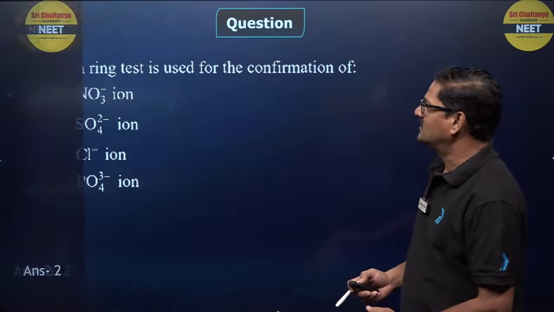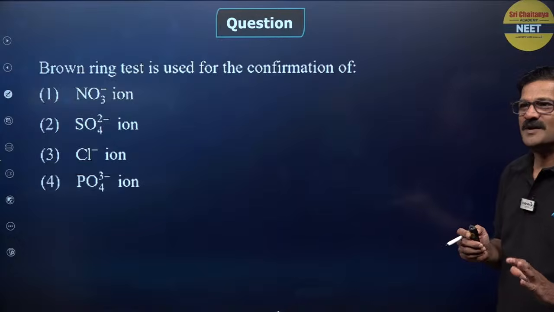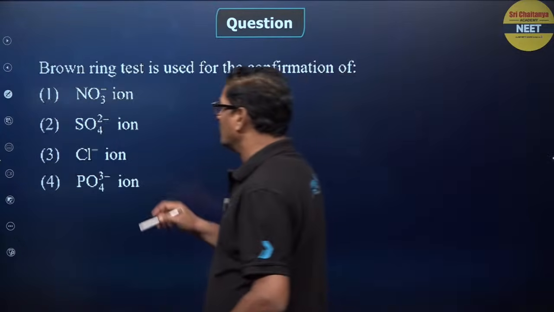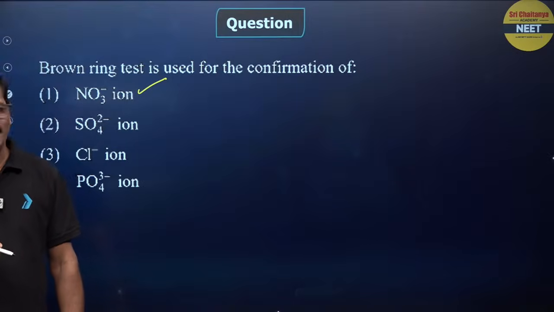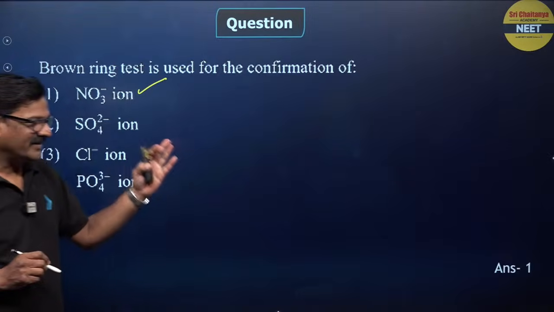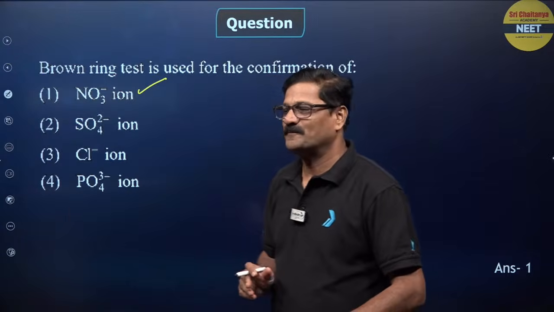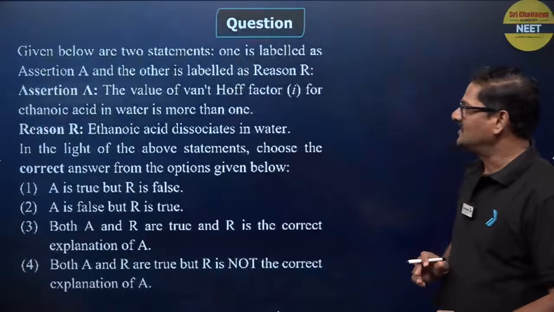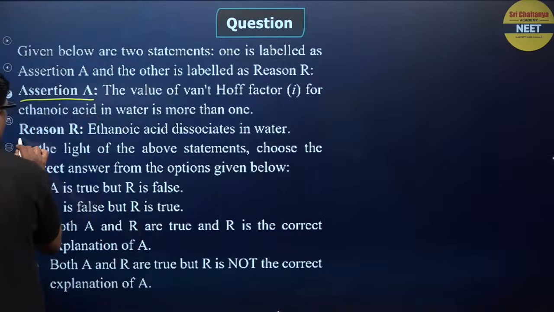So it goes like this. Brown ring test is used for the confirmation of nitrate ion. Okay, it is a very prominent test for qualitative salt analysis. And again, assertion and reason.